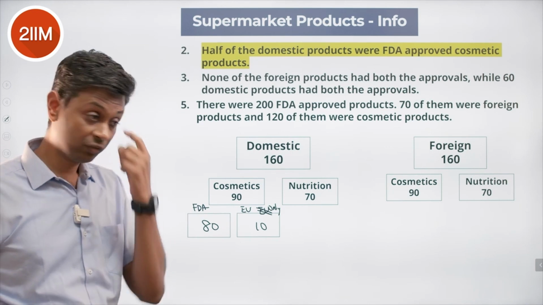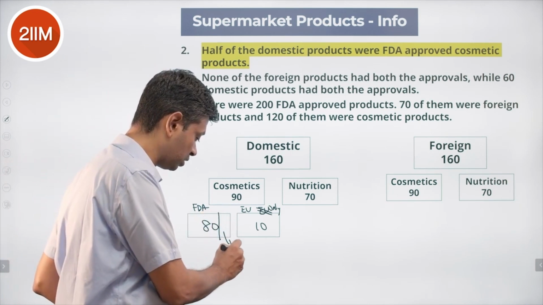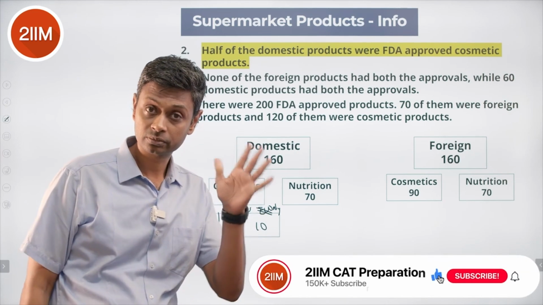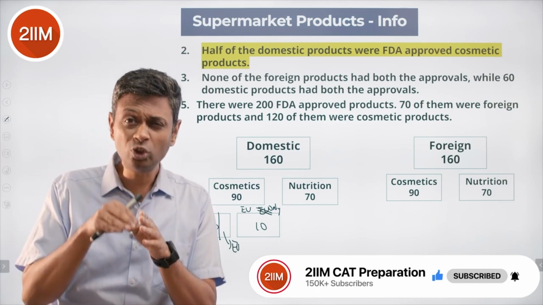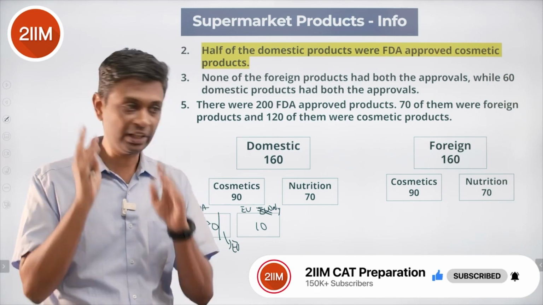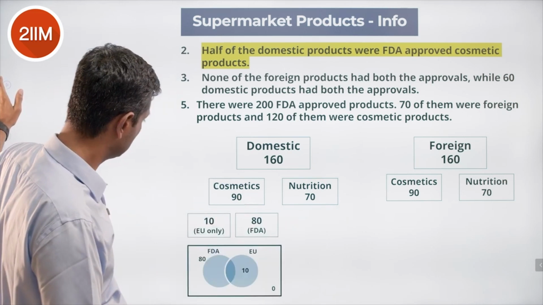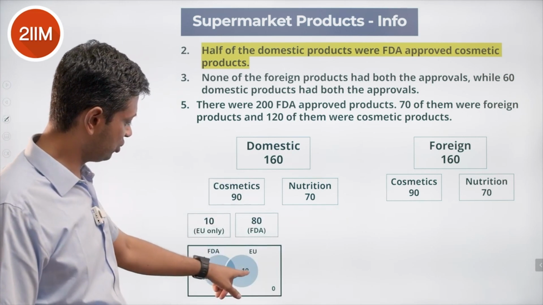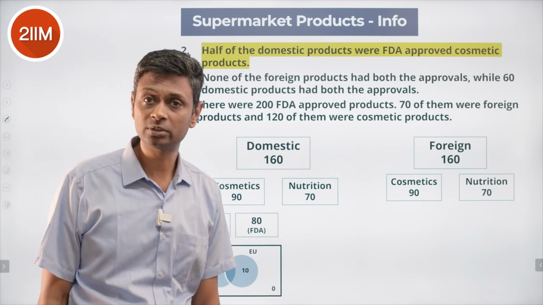Remembering that within this FDA approved, there could be some chunk that is EU also. And so keeping that in mind, FDA is 80, EU only is 10, FDA and EU could still be there. Within this 90, that is still there. We don't know what that is. This is 80, this is 10, there is some overlap here. Outside is 0, every product has at least one of the two approvals. That much we know.